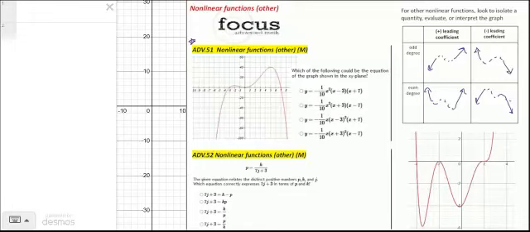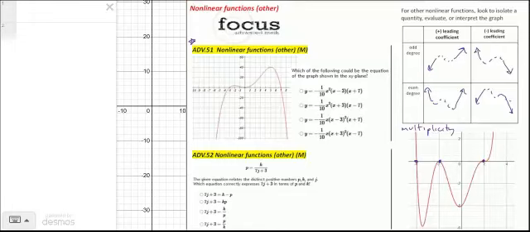And there's one other set of rules that I want to talk about that has to do with a concept called multiplicity. Multiplicity means every time a polynomial function crosses the x-axis, there's a consistent relationship that happens with it.